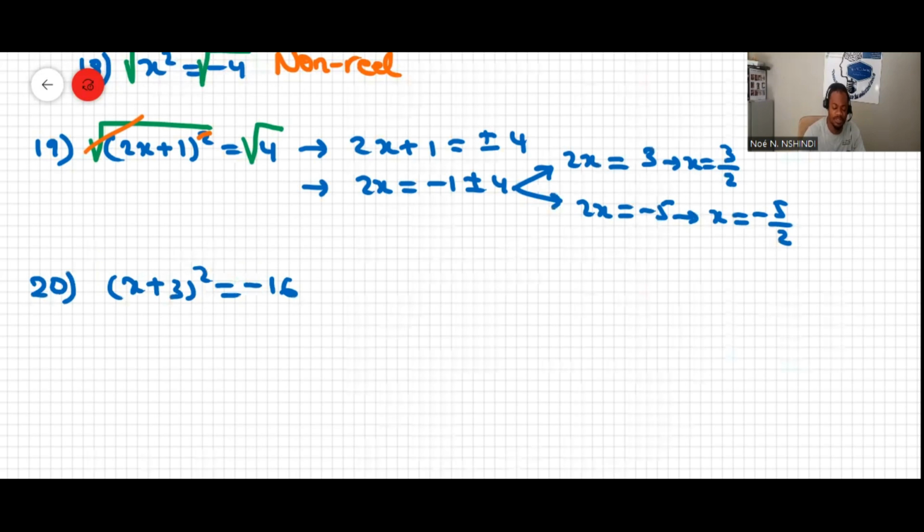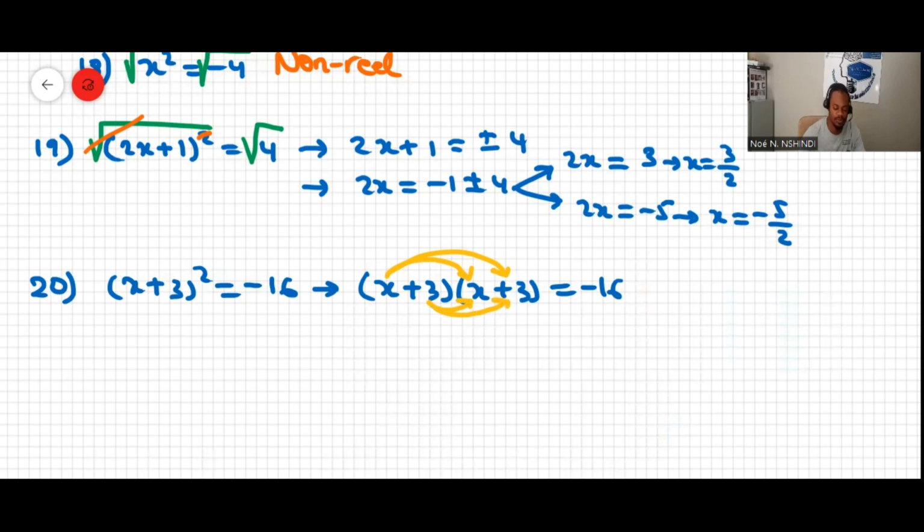But let's try to see if we extend this. Okay, so this is going to be x plus 3 times x plus 3 equal to negative 16. So this will be this times that times that. Let's see what will happen here.